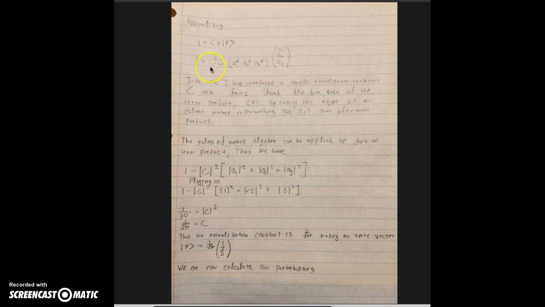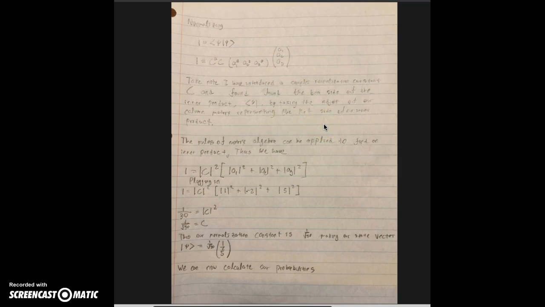And again, when we normalize, we introduce a normalization constant C. So again, take note, I have introduced a complex normalization constant C and found the bra side of the inner product by taking the adjoint of the AN column matrix representing the ket side of our inner product.